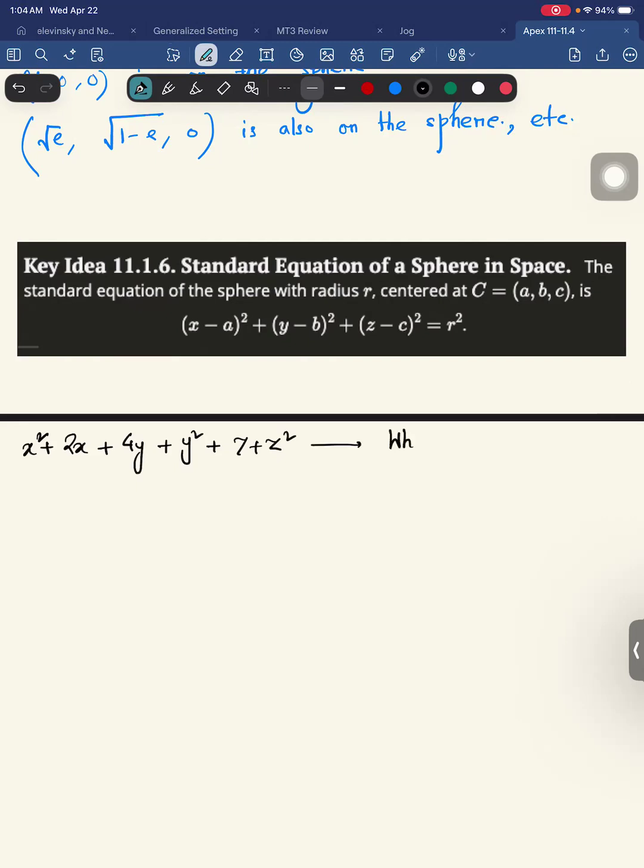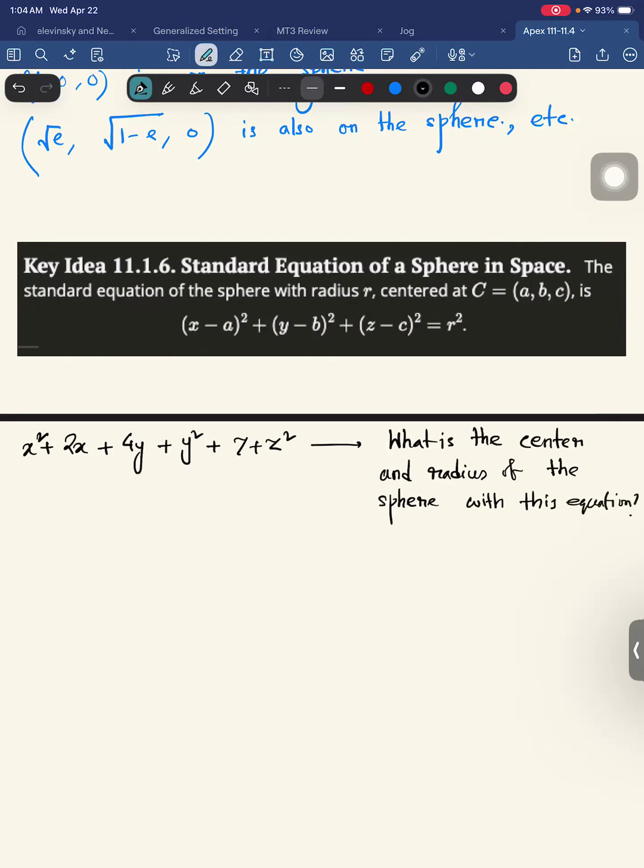What is the center and radius of the sphere with this equation?